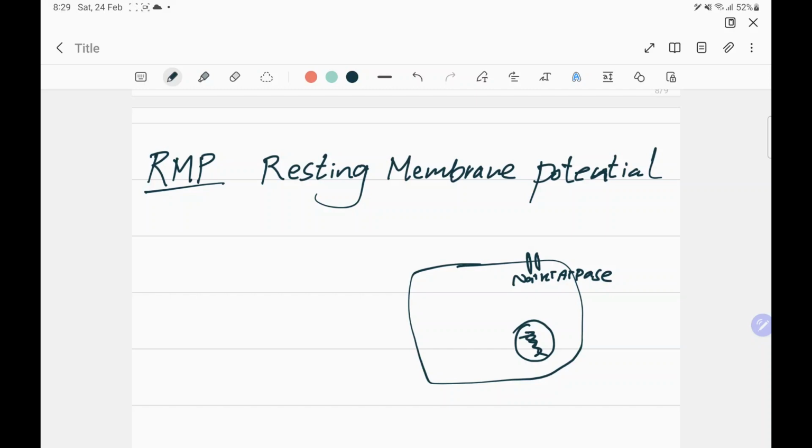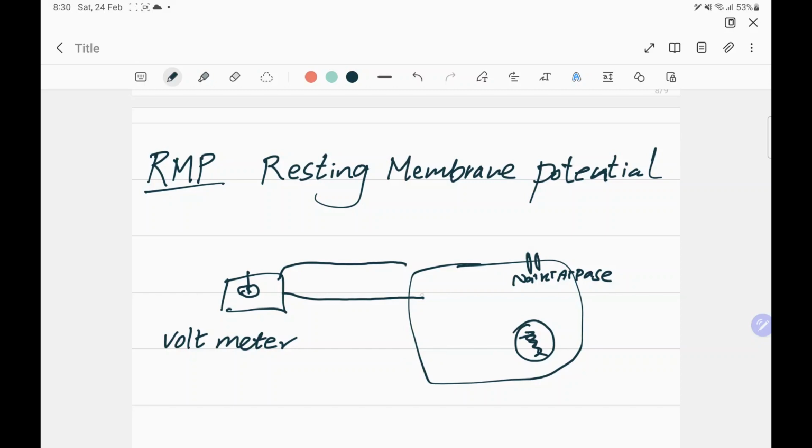Now, I want you to know one thing. If you were to take a voltmeter with those cathode ray oscilloscope displays located over there, and you put a little microelectrode inside the cell and one on the outside of the cell, this little voltmeter is going to measure the potential difference across the membrane.